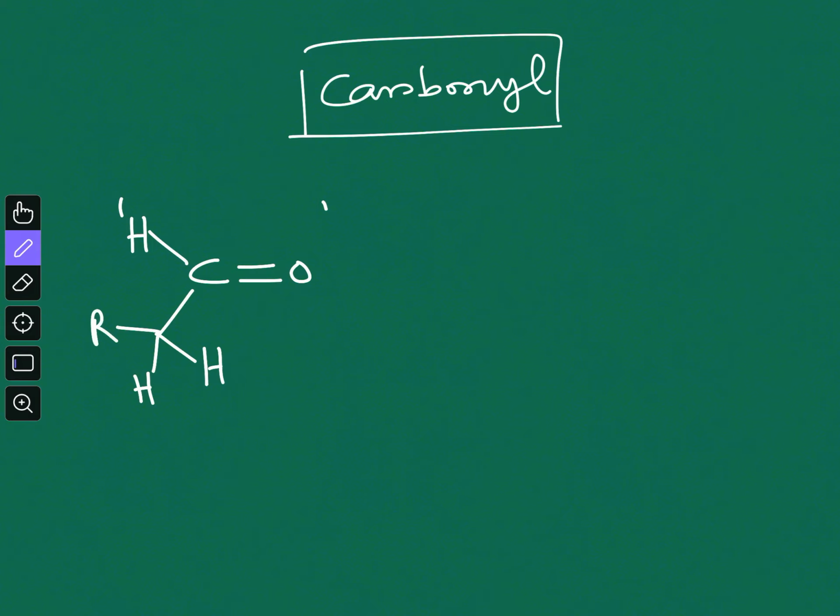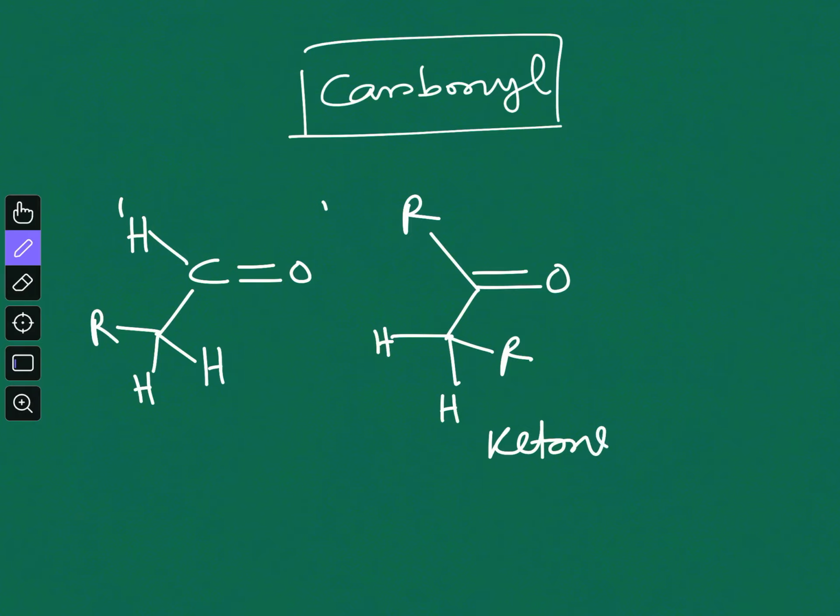So this is a typical aldehyde, and in case of a typical ketone, you generally have R groups on both sides, right? So this is a general representation of ketone, and this is the general representation of aldehyde.